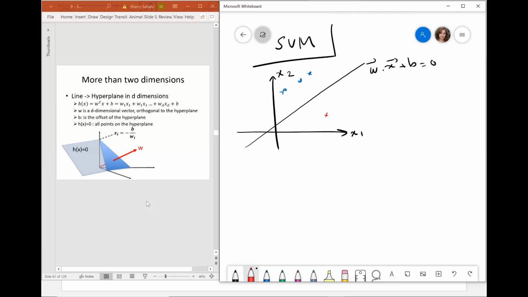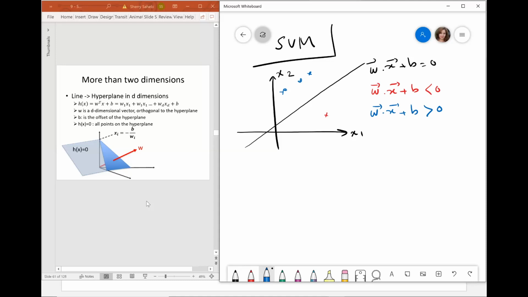So if we are on the red side, for example, we have wx plus b is less than 0, and for the blue ones, we have wx plus b is more than 0.